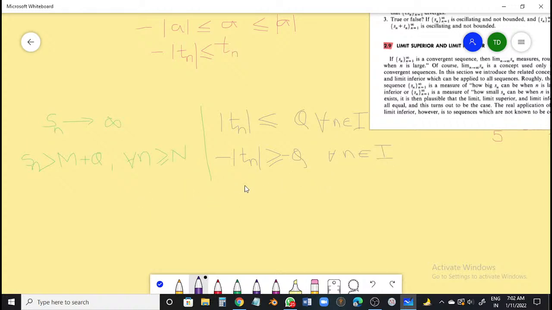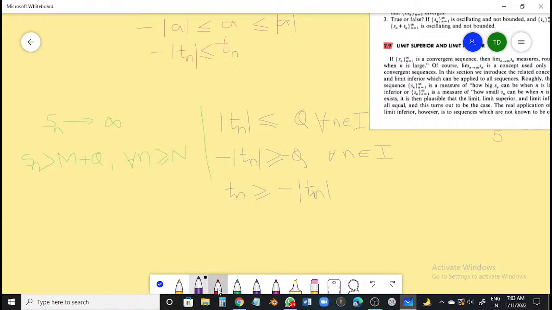What fact we have made use of? We have made use of Tn is always greater or equal negative of its own absolute value. So Tn will always be greater than minus of mod Tn.